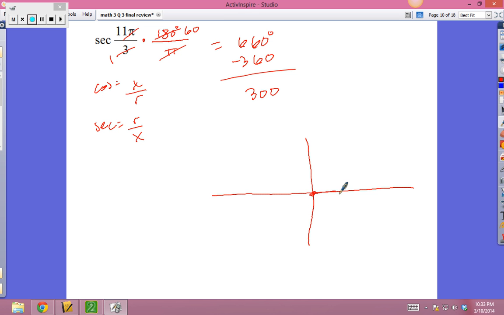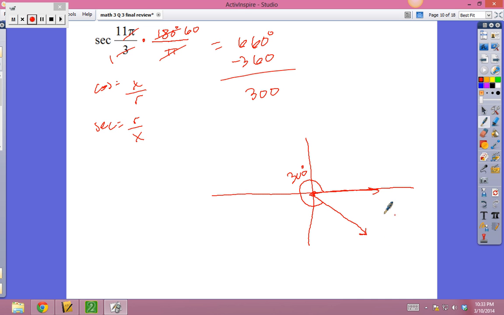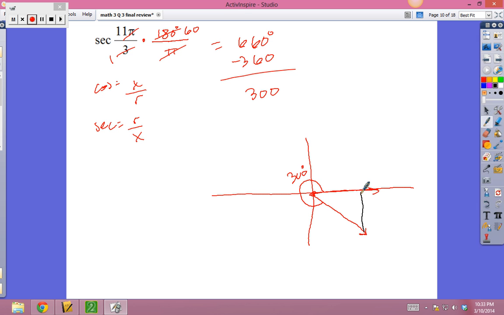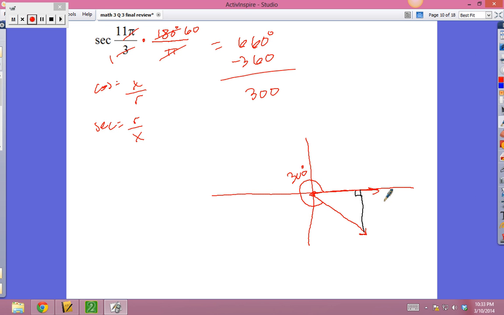So if I start right here, and I open up to 300 degrees, I'm in quadrant 4. So right here is a 300 degree angle. Now the trig I'm going to do is going to be on this 90 degree triangle right here. And this is a 60. So this is my 30. And that means 30, 60, 90 is half of an equilateral. Here's my other half.